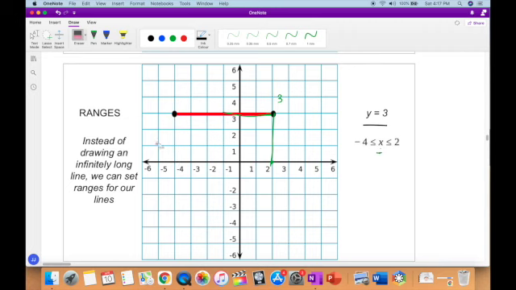Now I can specify this range here. It's also called a domain, but we can see the difference between a range and a domain when we do functions and relations. For now we're just using the word range. We're using this range of x values and saying, this line will only exist within this range, and this is the line that we get.